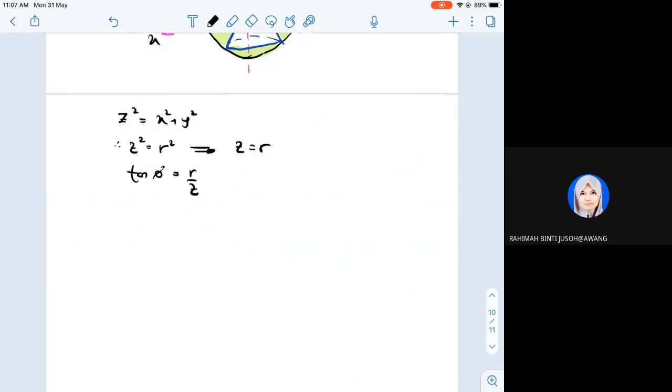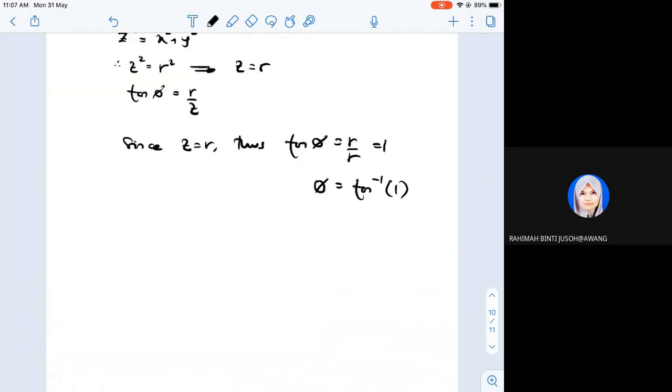Since z equals r, thus tangent phi equals r over r, right? Because z equals r. Okay, so this is equivalent to 1. Alright, so phi equals arctangent of 1. If you use your calculator, you will get pi over 4 or 45 degrees.